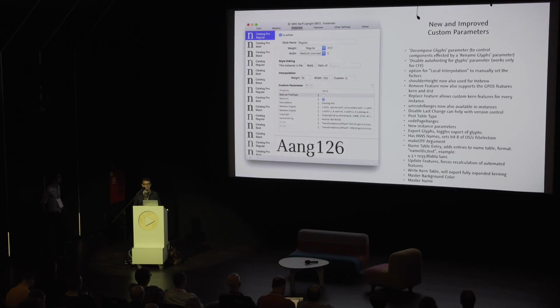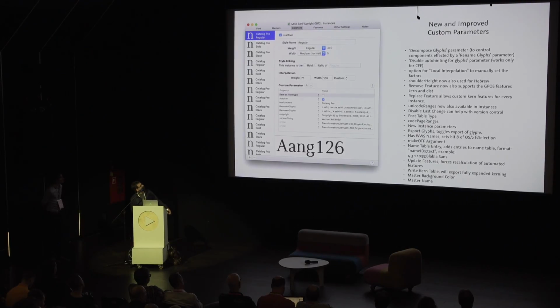If you've been using Glyphs, you know what a custom parameter is. This allows for non-destructive editing, or non-destructive working. We have added lots and lots of new custom parameters to it. I'm not going through the list, don't worry. You can look that up in the changelog. There's a lot that happened.